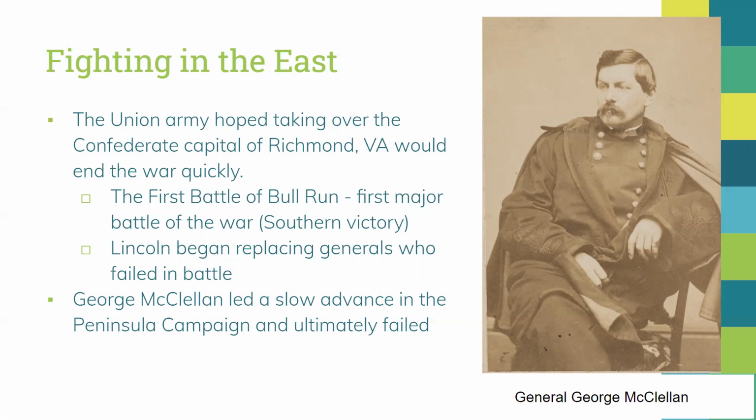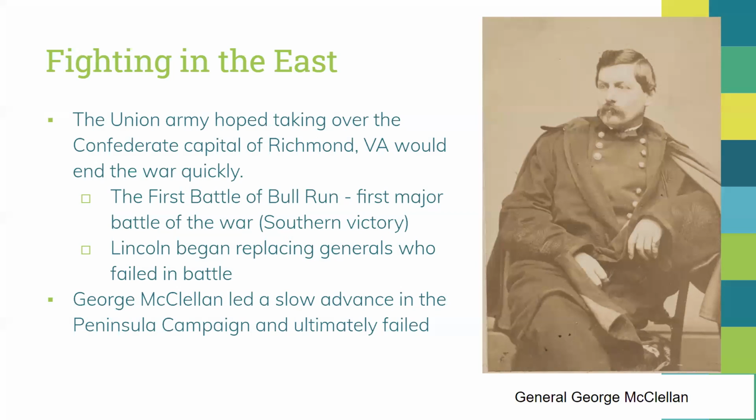So I said before the North is going to try to take over Richmond, and they try to do that right away. They believe that if they can do that fast, the war could end in just a couple months. The first battle takes place just outside of Richmond, Virginia, near a small creek called Bull Run.